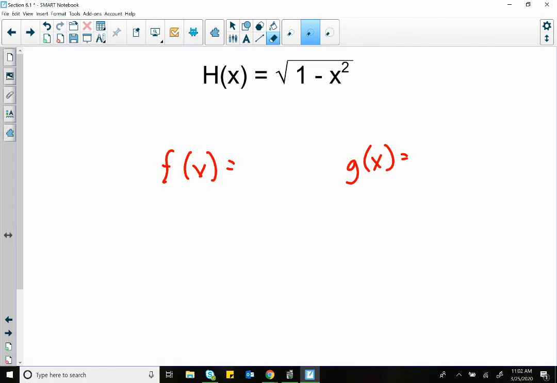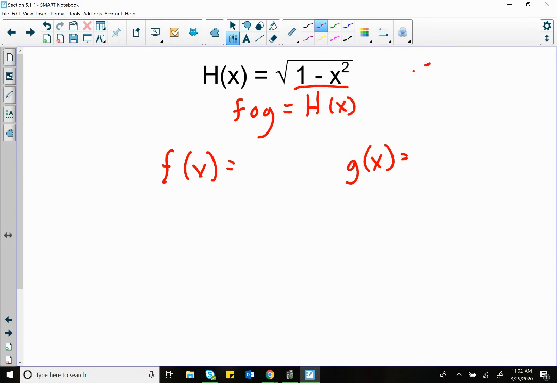Okay, so again, this is just like last time. This is f of g, even though I probably should have put that there a second ago. This is always going to be f of g. They want to know how am I plugging g into f so that I get this h of x. Okay, well, right there, just like last time, that's the g, 1 minus x squared, because this radical is acting like it's got a whole parenthesis down here.